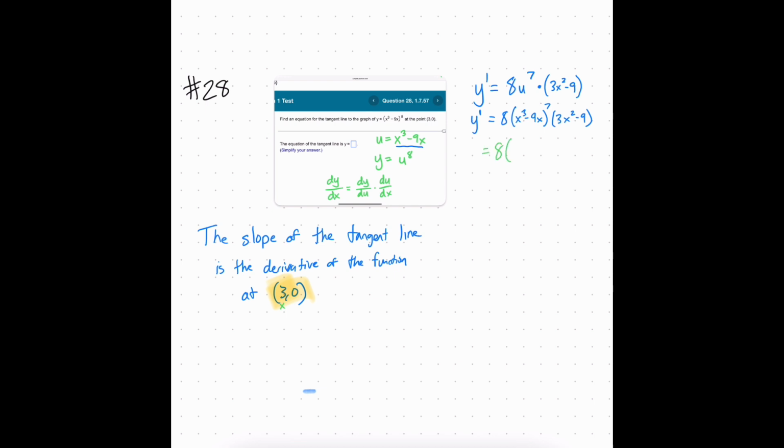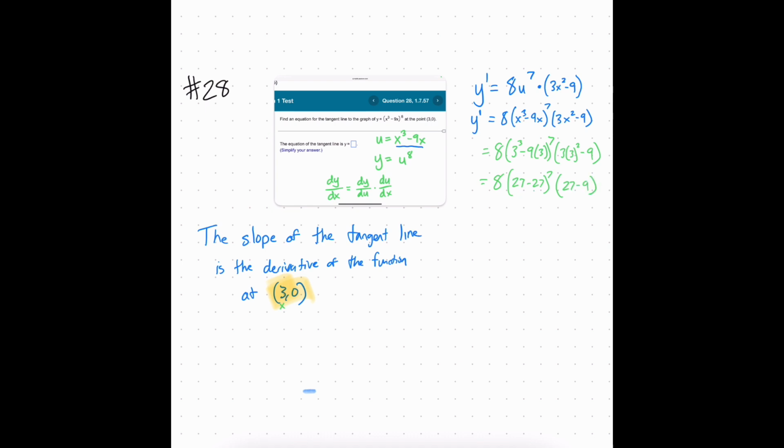I get 8 times (3 cubed minus 9 times 3), all raised to the 7th, times (3 squared minus 9). Well, it turns out 3 cubed minus 9 times 3 is 27 minus 27, and over here I'm going to have 27 minus 9.